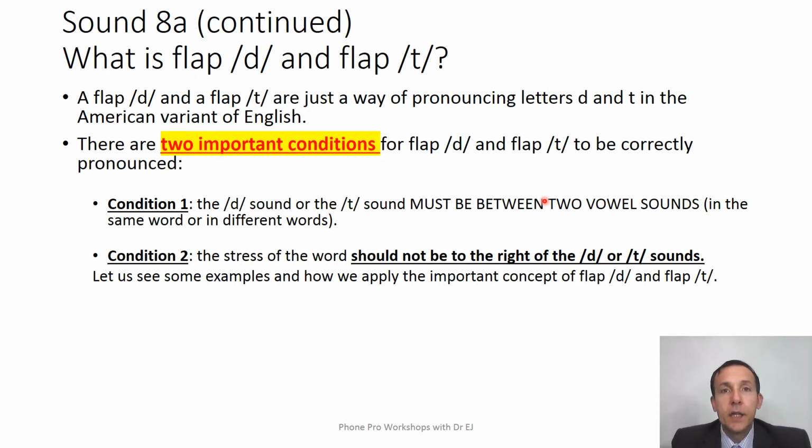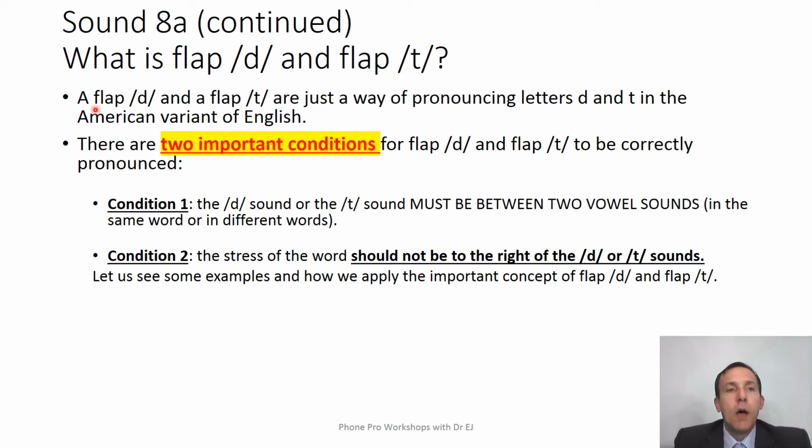Okay, this is sound 8A, continued. Let's see what flap D and flap T are. We call them flap D or flap T, but remember, when these characters are in slashes, they are not letters, they are sounds.